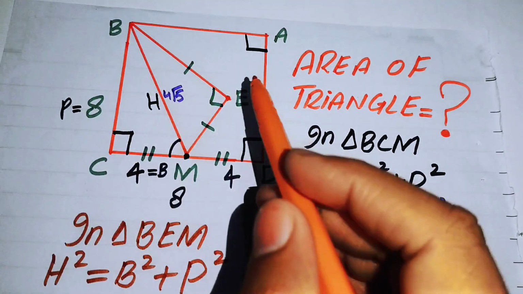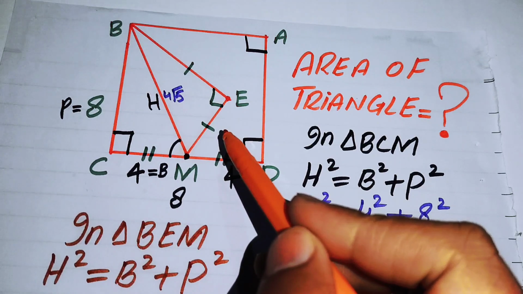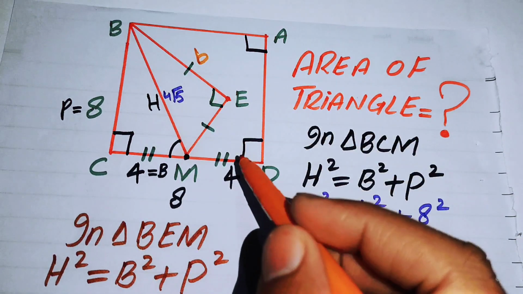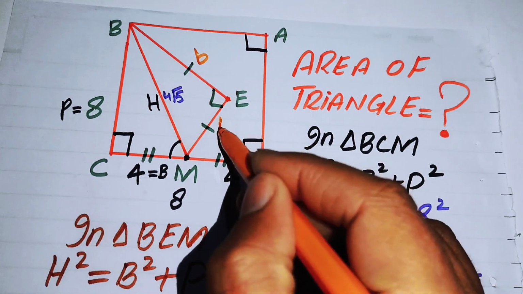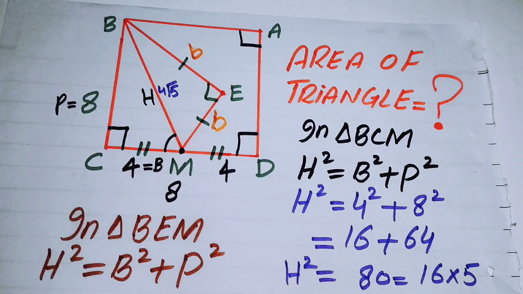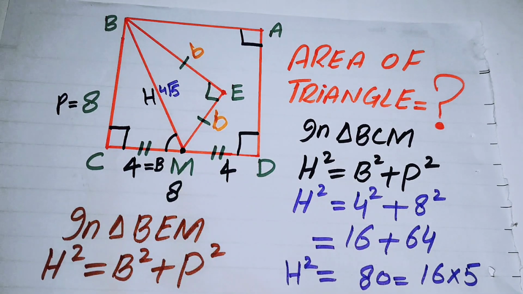If you focus on this figure, these two side lengths are equal. So we name this side length as lowercase b, and because these two sides are equal, it means that this side length is also lowercase b. So now we first find the value of this b by using this Pythagorean theorem.